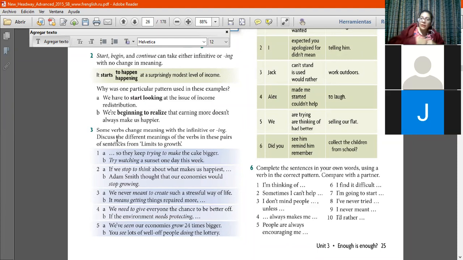O sea, desde los límites a growth, crecimiento. So this one, the first one, keep trying to make. First, I have to recognize, right? Trying to make. Tengo un gerundio with the infinitive, the cake bigger.